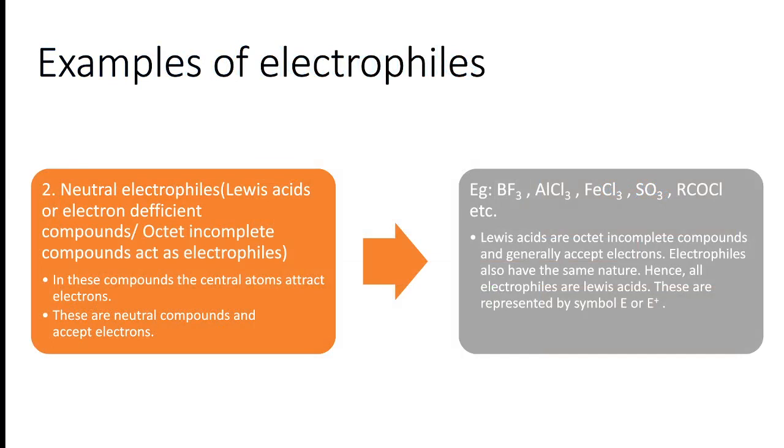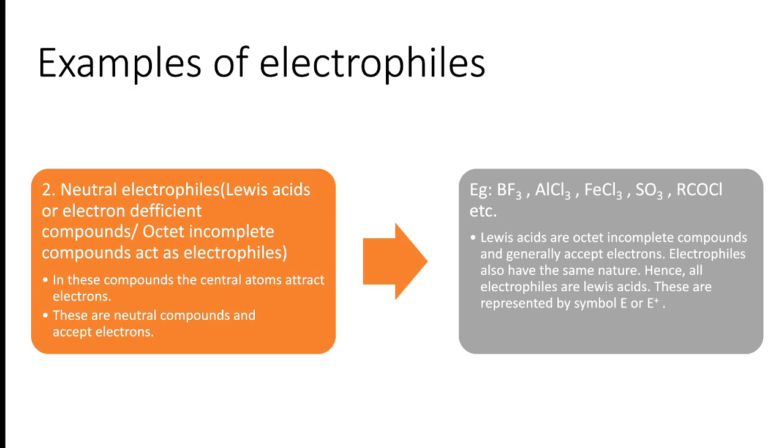Second type of examples, they are the neutral electrophiles. These are also called Lewis acids because they are electron deficient compounds. Electron deficient in the sense they do not possess octet, or octet incomplete compounds. They act as electrophiles. So some neutral molecules in which octet is incomplete also act as electrophiles.